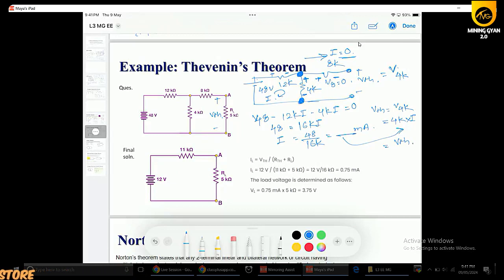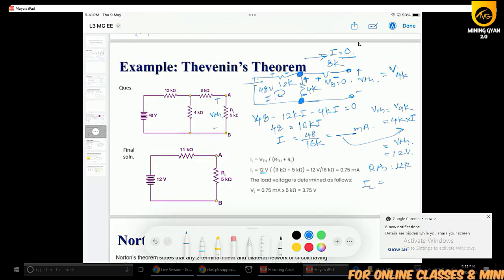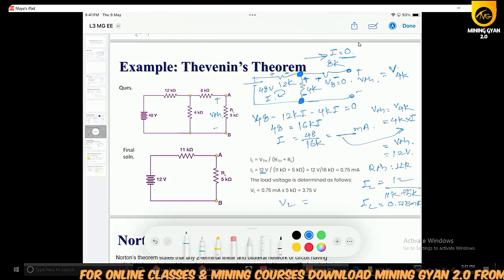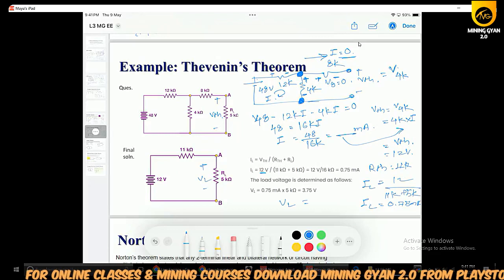You will get your Thevenin voltage as 12 volts, RTH as 11K. Then you can calculate IL as 12 divided by 11K plus 5K, so you will get IL as 0.75 milliamperes.